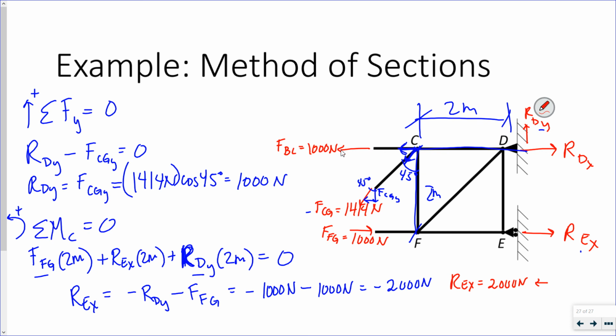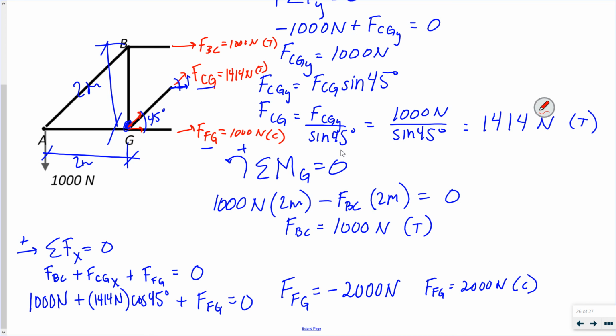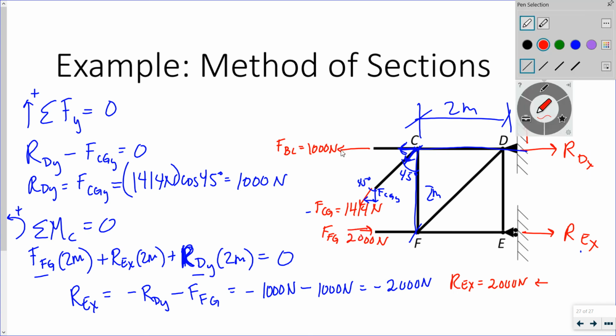All right. Okay. I messed up, didn't I? Or did I? FFG is 2,000. I wrote it down wrong here. That means it's 2,000 here. And this should be 2,000.